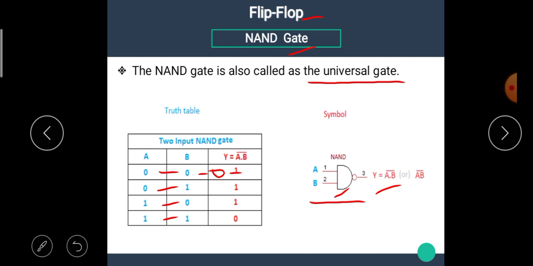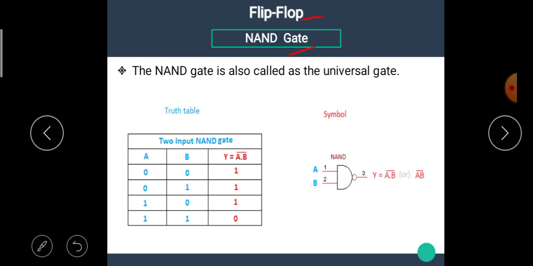Similarly, 0 into 1 is 0, and the complement of 0 is 1. 1 into 0 is 0, and the complement of 0 is 1. And 1 into 1, we get 1 here, and the complement of 1 is 0. I hope you all understand the truth table and logic equation of the NAND gate.